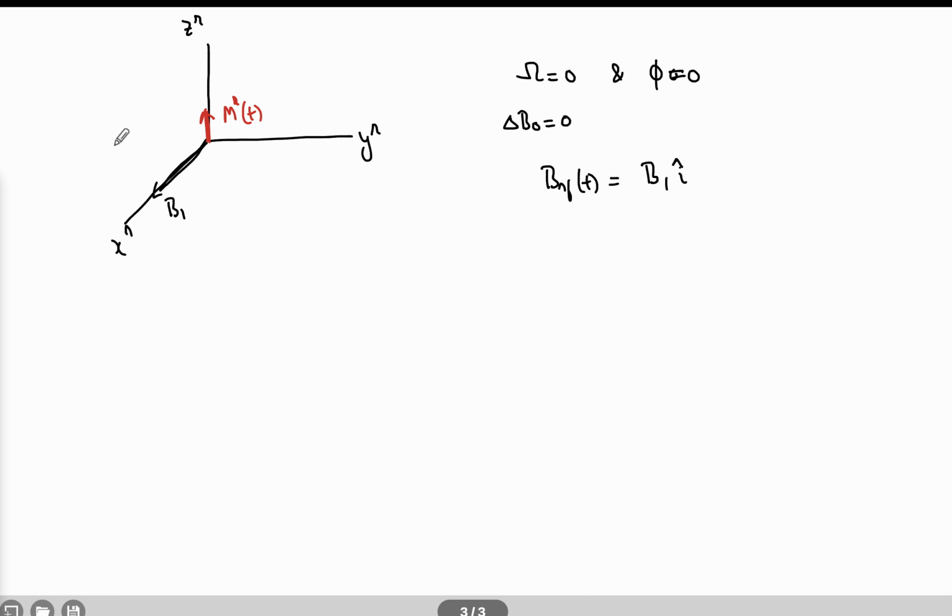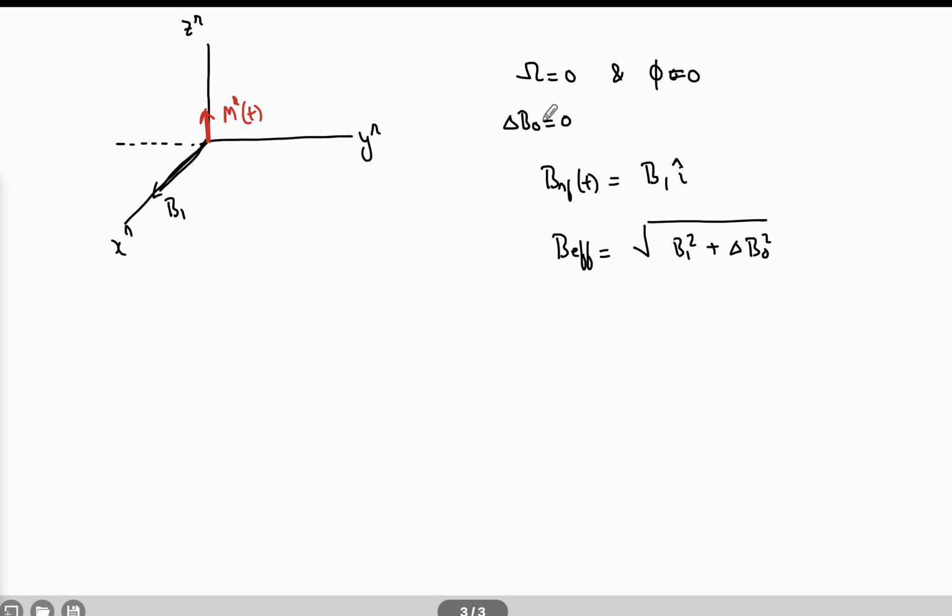Now it will precess about this B. My B effective now is the square root of B1 squared plus delta B naught squared.